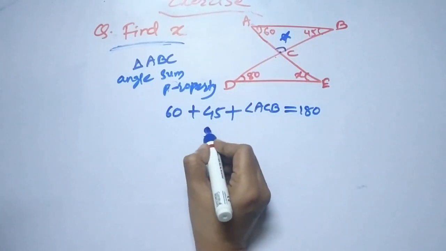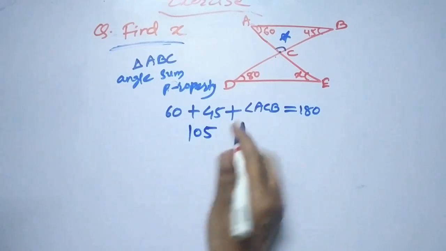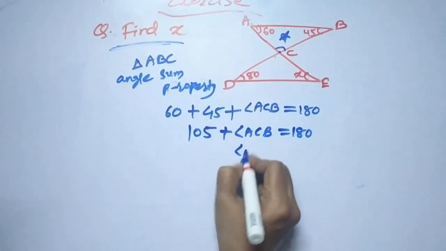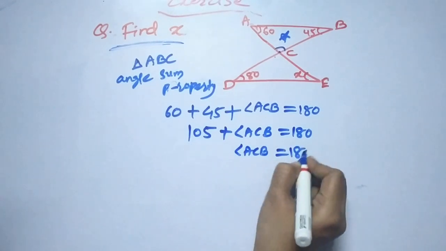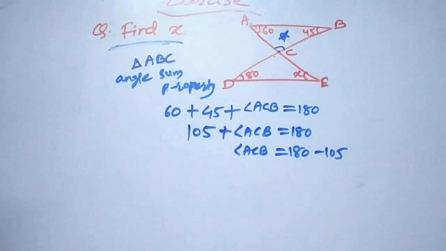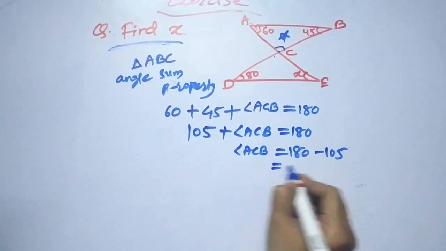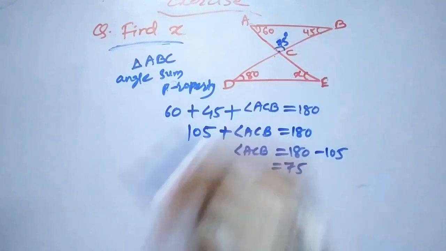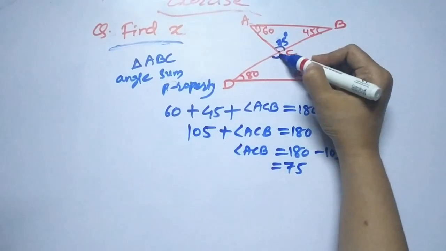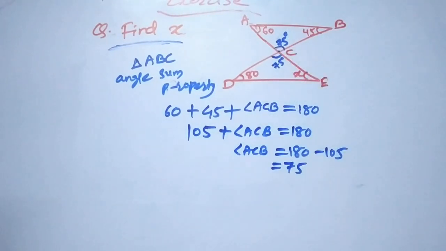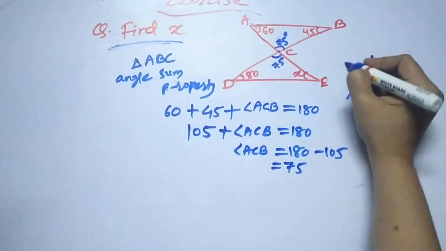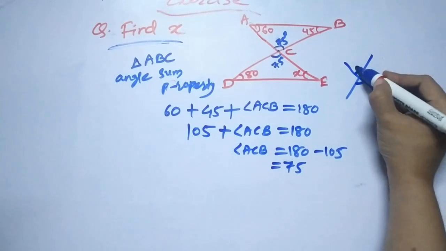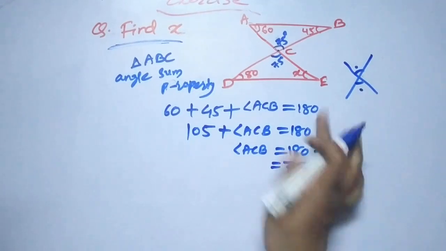So here I'll get 105 plus ACB is equal to 180 degrees. So ACB is 180 minus 105 degrees. So friends, you will get 75 degrees. So this is 75 degrees. So this also is going to be 75 degrees. Reason, vertically opposite angles: when two lines intersect each other, their opposite angles are going to be equal. So here if it is 75, it is also going to be 75.